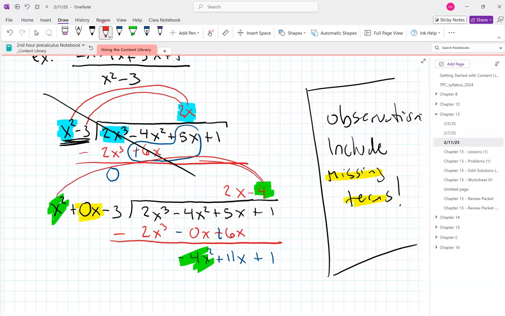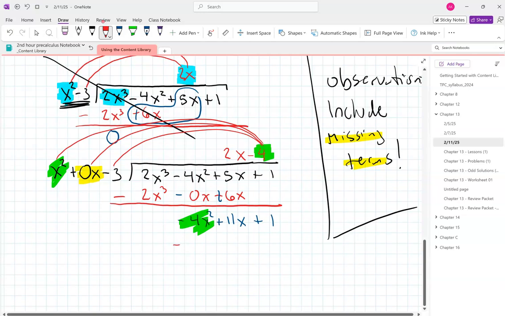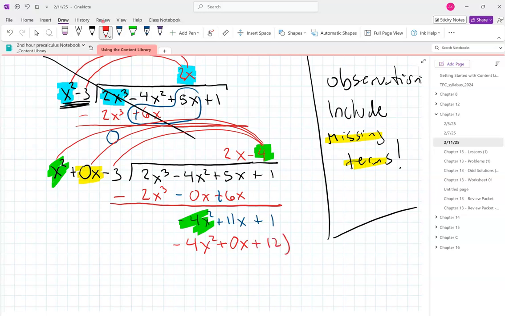Again, then I just multiply that to everything in my divisor. And then we'll subtract down. Again, I always distribute the negative. So that becomes a positive. That becomes a negative. And that becomes a negative.